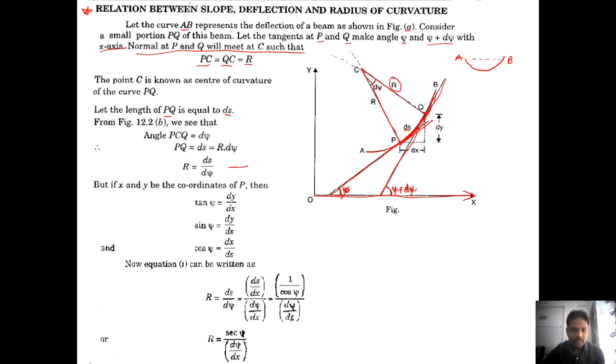From the figure we see that angle PCQ is taken as del phi.